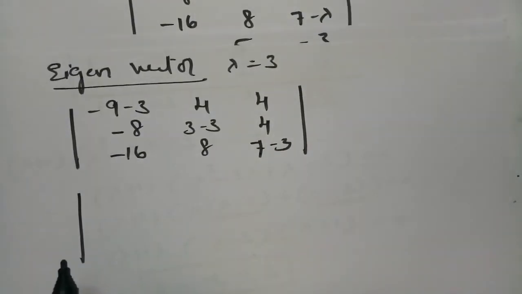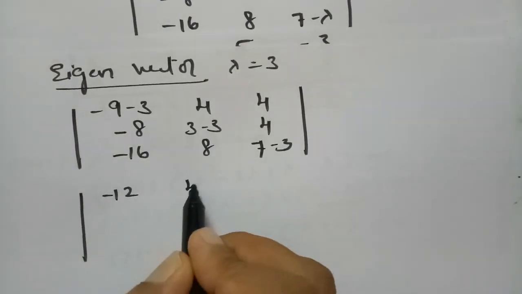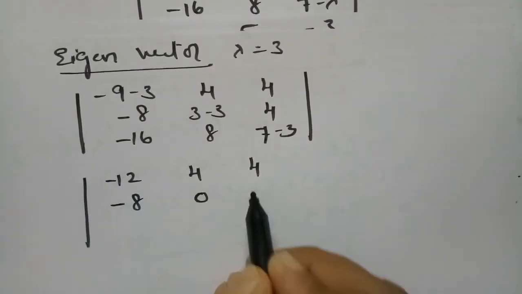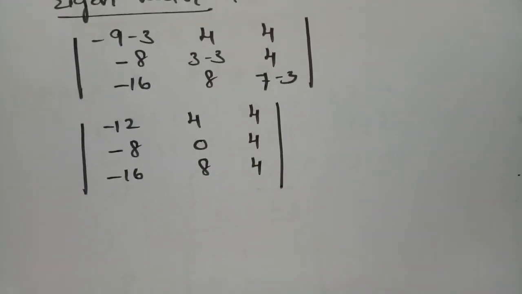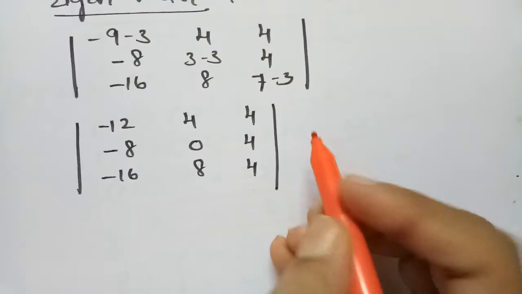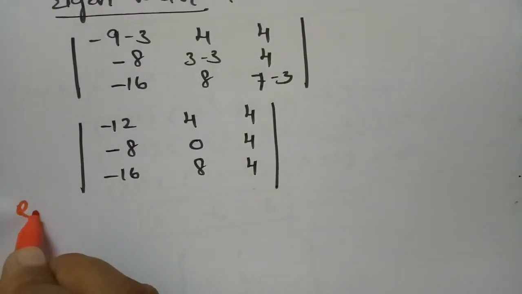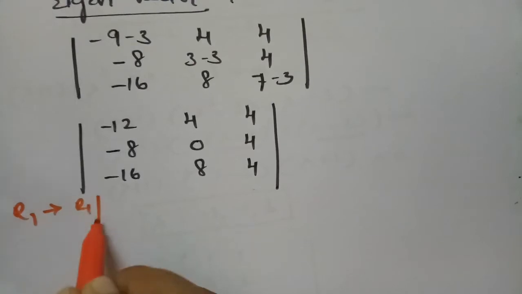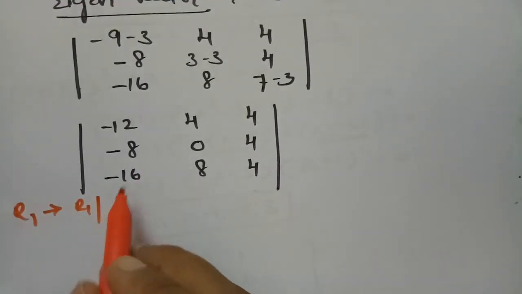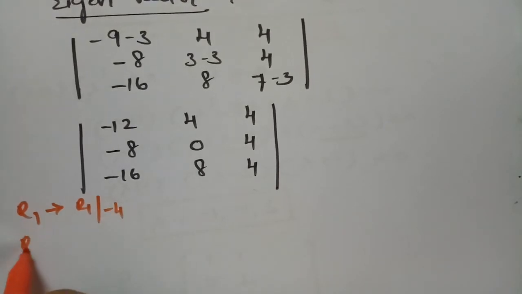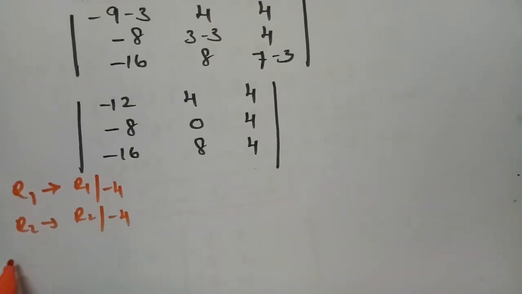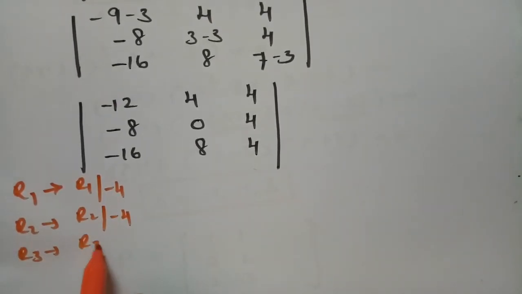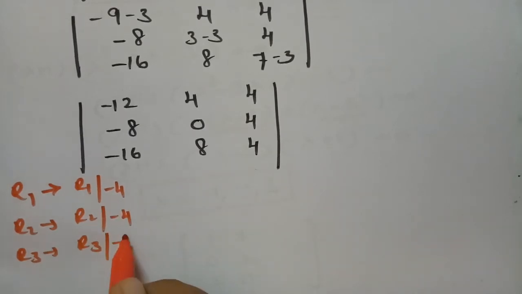So this value will be, this is minus 9 minus 3, which is equal to minus 12, this is 4, 4, this is minus 8, 0, 4, and this is minus 16, this is 8, and this is 4. So first of all, see, this is R1, so R1 divided by minus 4, and R2 if I divide with minus 4 again, and again R3 divided by minus 4.